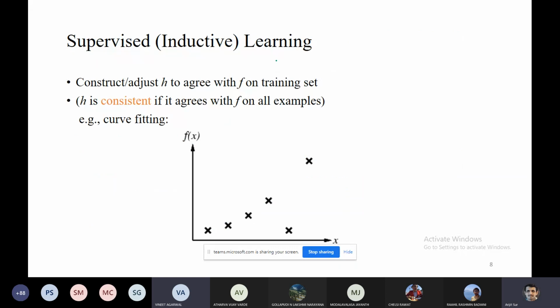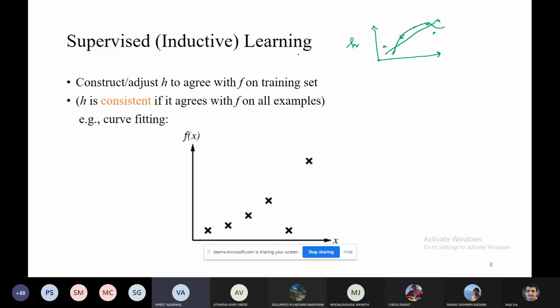Now the question is how you are going to find this hypothesis. Let's say some data is given. How are you going to get a line, or a kind of curve?